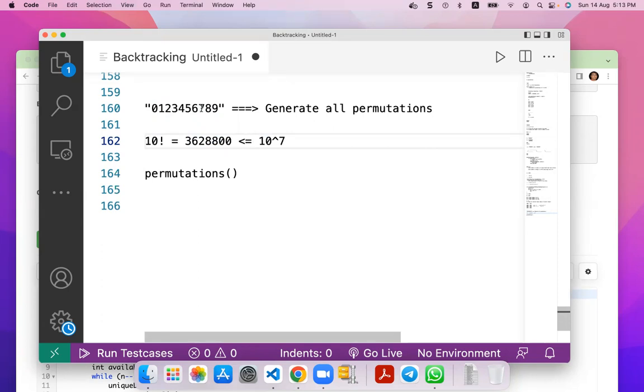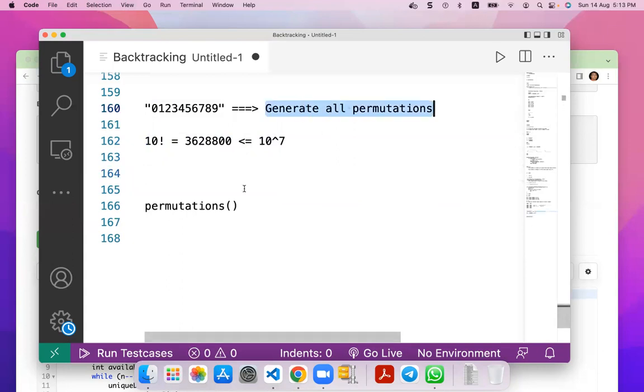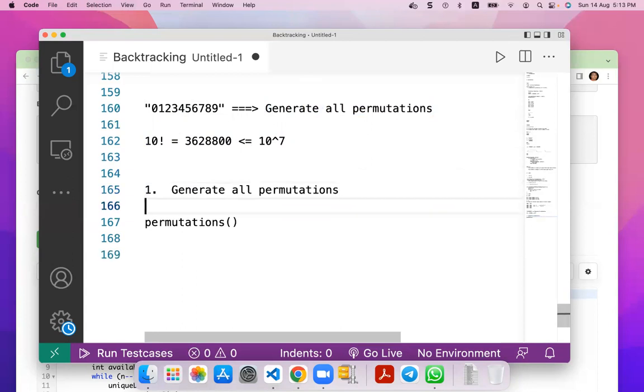So we generate all the permutations of these numbers and store them in an array, convert them to int, and sort them.